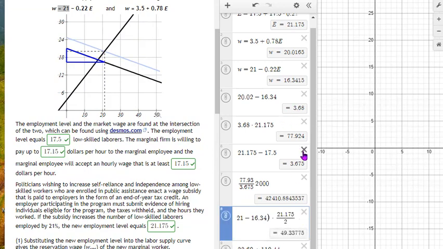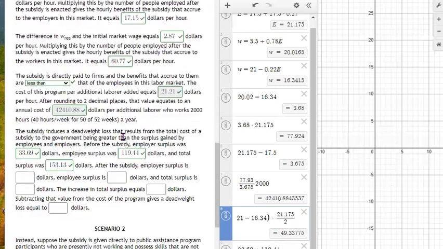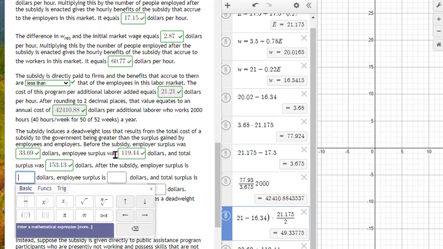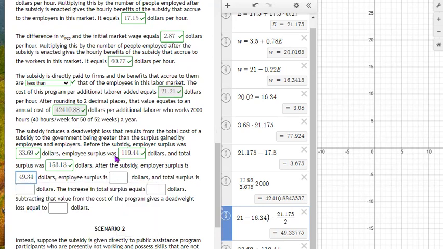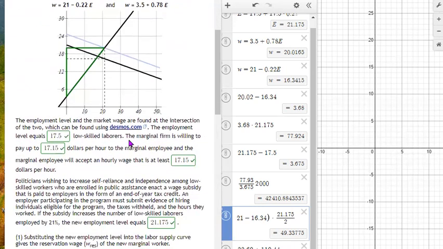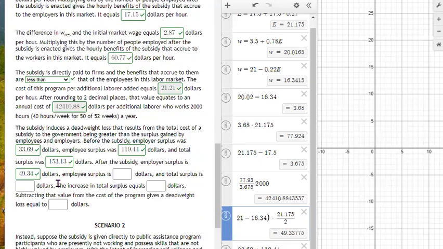So the firm surplus after the subsidy is put in place is 49.34, right? 49.34.